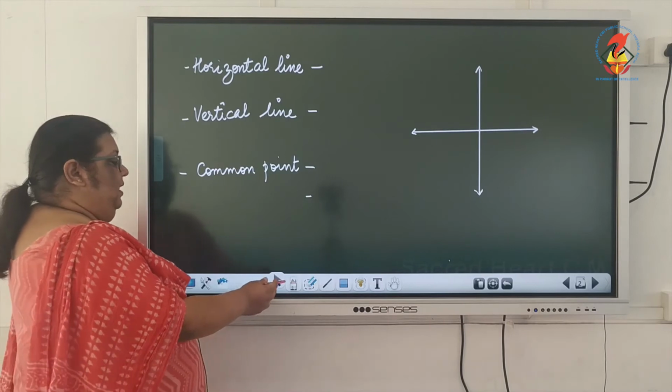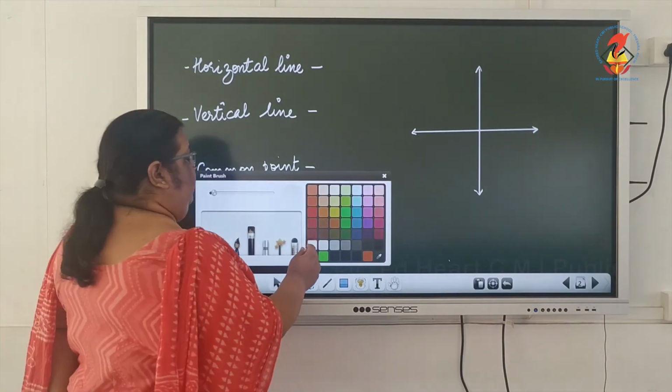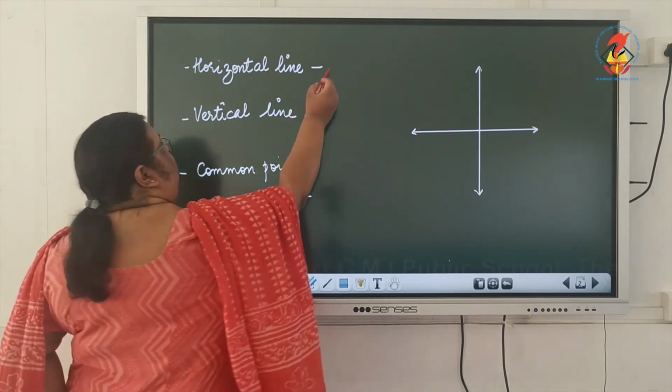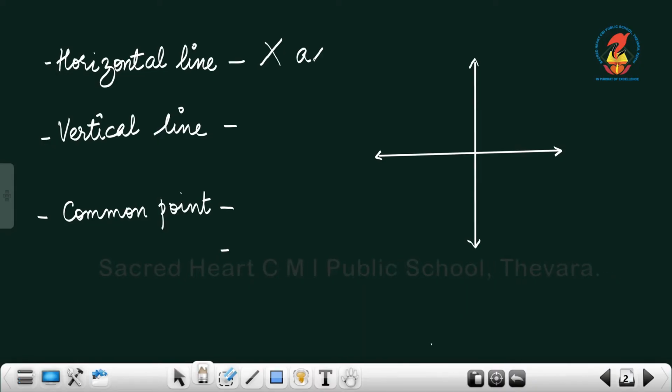Now, since there are two lines, we can give names to these lines. The horizontal line is called the x-axis, and the vertical line is called the y-axis. I'll mark it in the figure also. This will be your x-axis and this will be your y-axis.